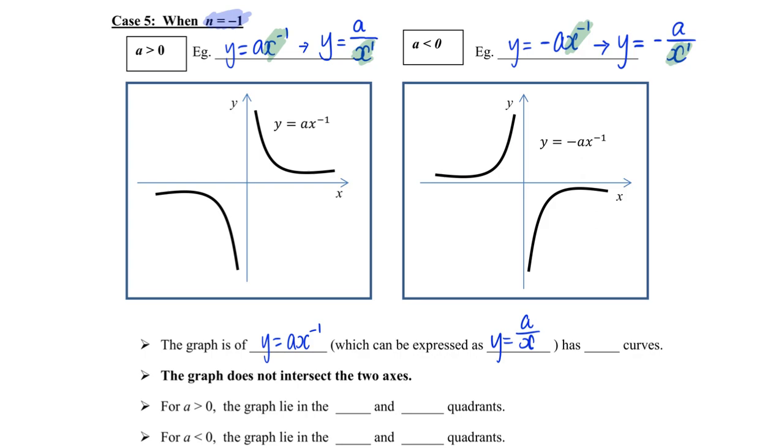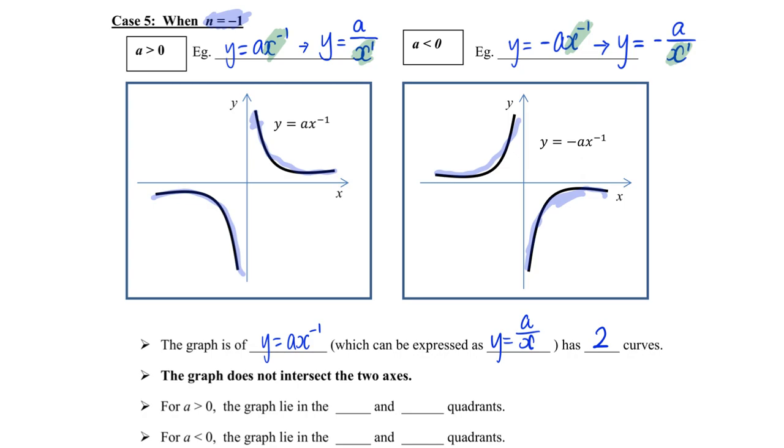Notice that for both cases, whether a is positive or negative, it has two curves. It also does not intersect the two axes, meaning it does not touch the axes.